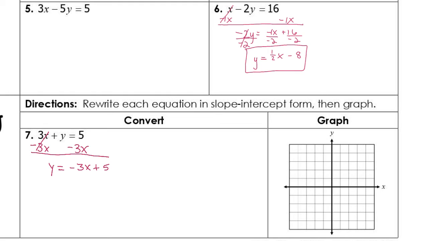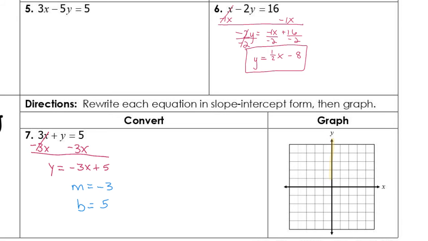How can I graph already? Well, I'm in slope-intercept form. That means m is my slope and my y-intercept is 5. So now I come over to my graph. My y-axis is where the y-intercept is going to be.